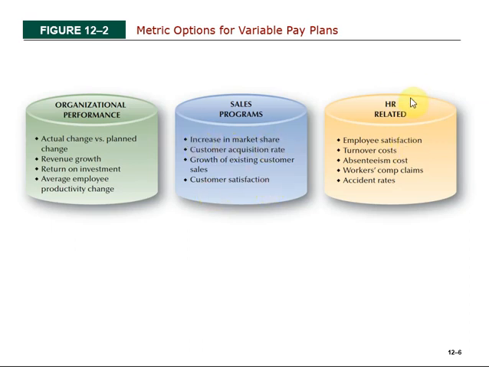As it relates to HR activities, and once again, you can think back about the 7 functions of HR here, but you can look at employee satisfaction, turnover cost, turnover ratio. Are those things reducing? Absenteeism, are we having fewer people be absent from work? Are there fewer accidents that people are getting into, so we have fewer workers' comp claims on our insurance?